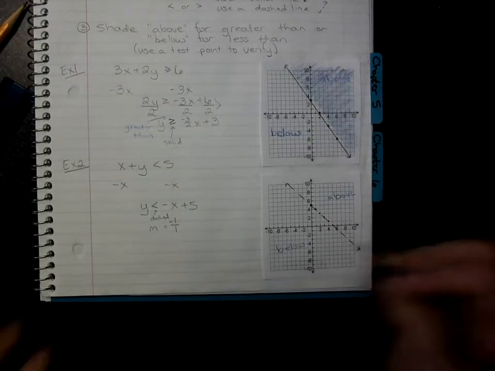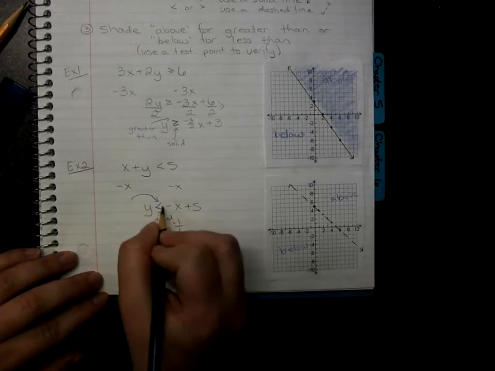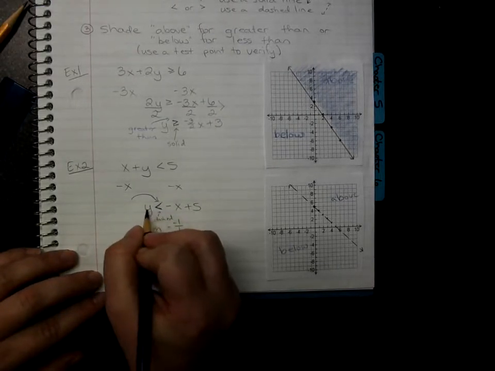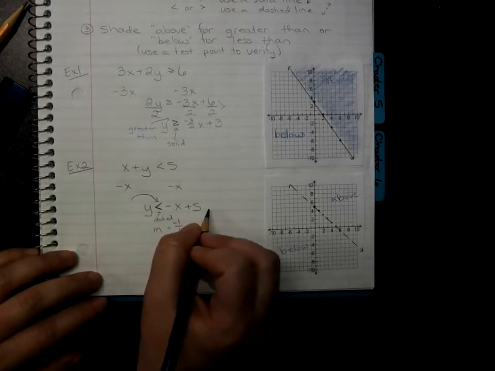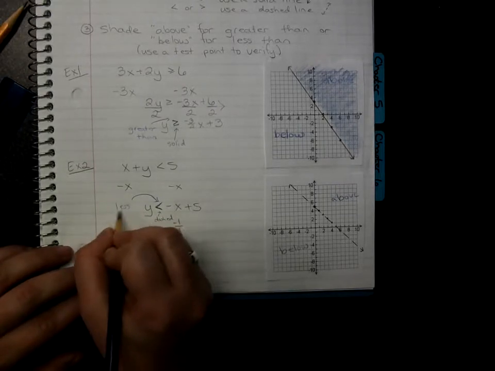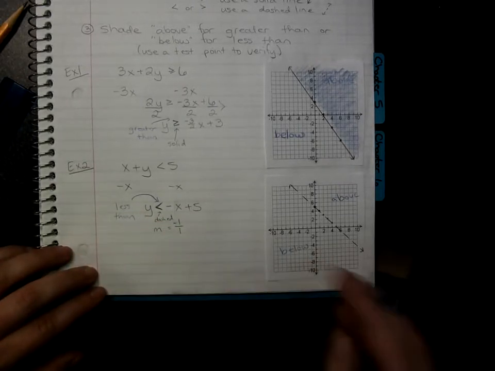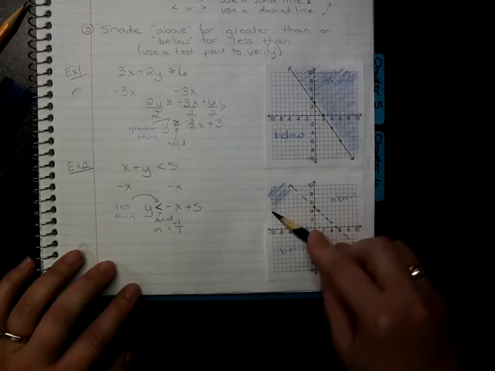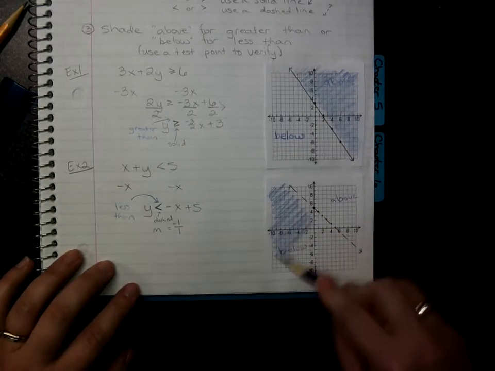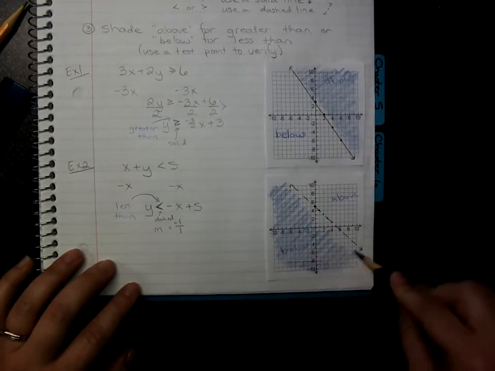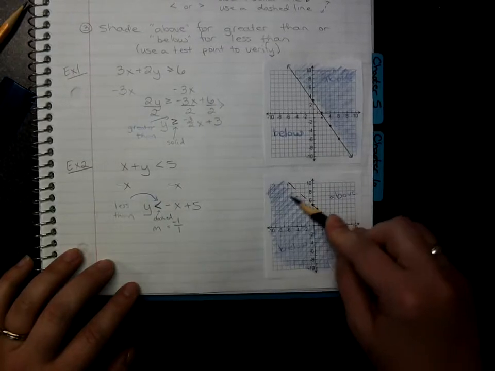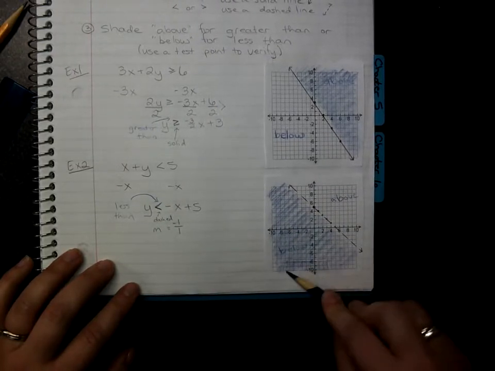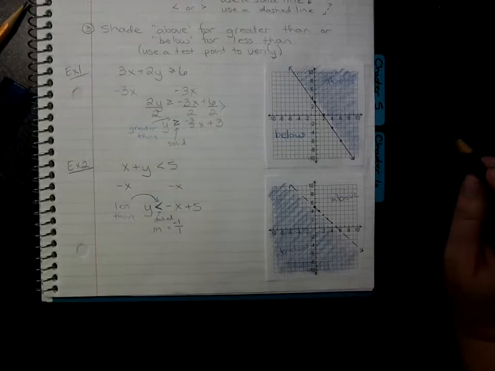From there, I need to go back and look at my inequality. It says y is less than the expression. So if it's less than, then I shade below. Every single ordered pair below that line, all of this space, will make the inequality true. So I shade below the line.